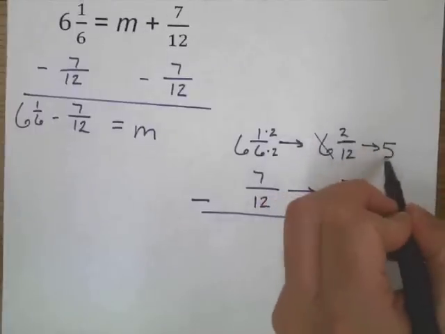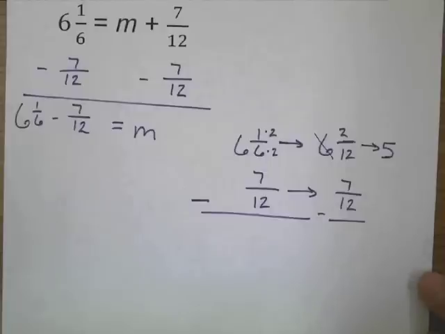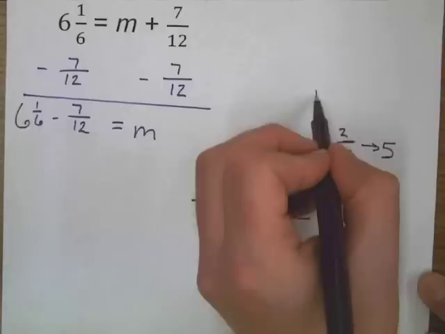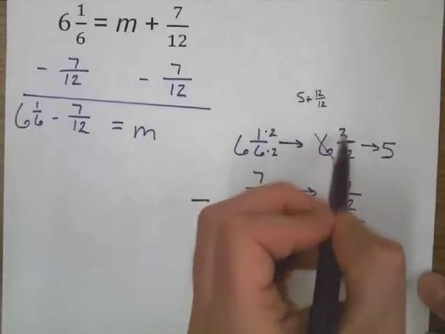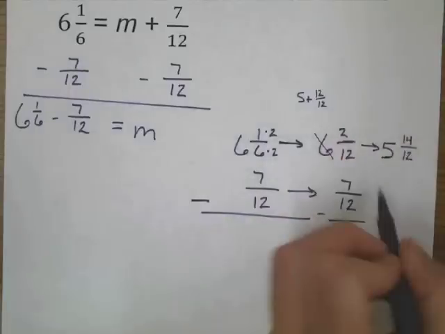So I'm going to make that a 5. And that whole that I'm taking, rather than thinking of it as a whole, I'm going to think of it as a fraction, and I'm going to think of it as 12ths. So that would be 12/12. So it's like this. And 12/12 plus 2/12 would be 14/12.